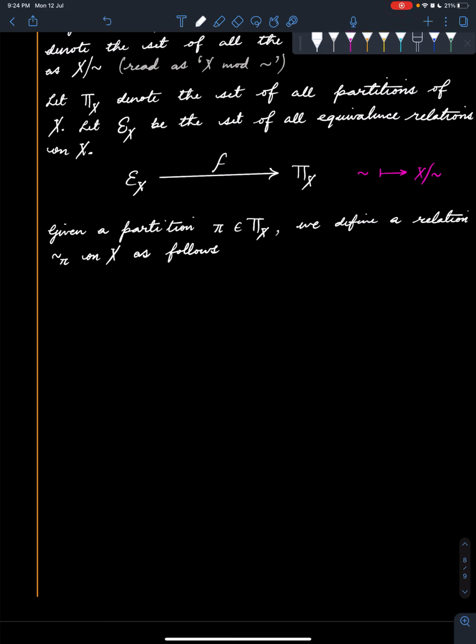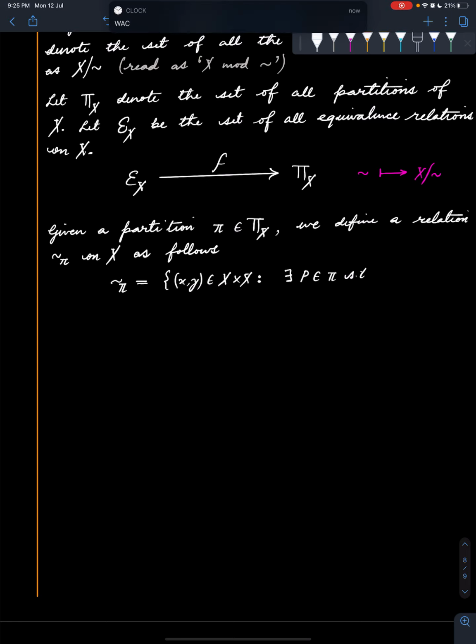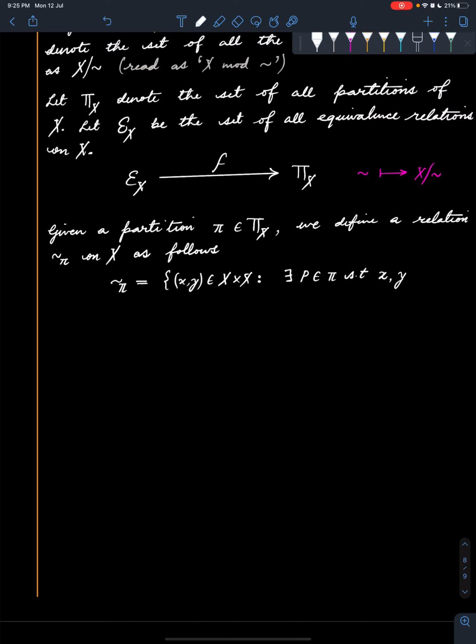What is tilde sub pi? It's those pairs (x, y) in X cross X such that x and y are in a common part. So there exists a set P in pi such that x and y both belong to P.